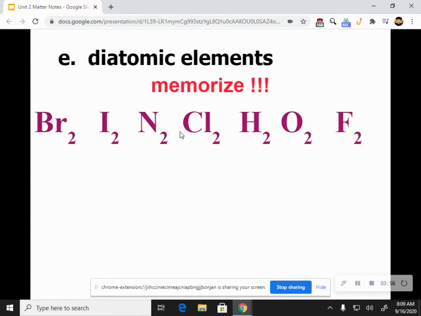So your diatomic molecules. Diatomic means that in nature they are found paired together. So paired means that you have two as a subscript. So subscript is what you see that is the small number below it, not letter.